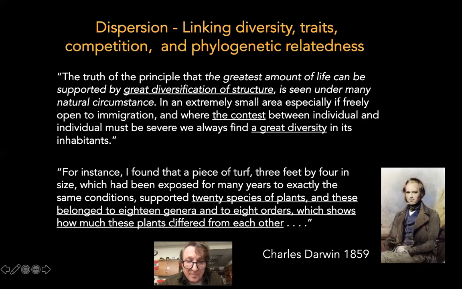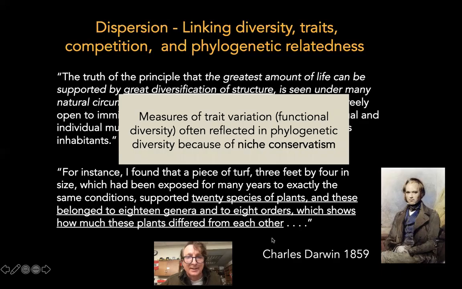When he talks about plants being differentiated from each other, it's not just differences in genera, orders and species, but the differences he's referring to are differences in structure, morphology, and traits. And so Charles Darwin makes this direct linkage between diversity and traits. So these ideas go quite a ways back.